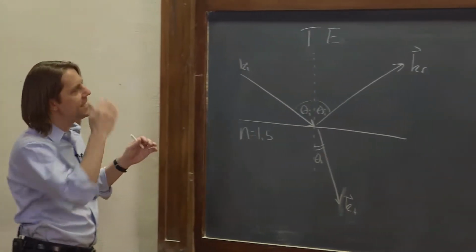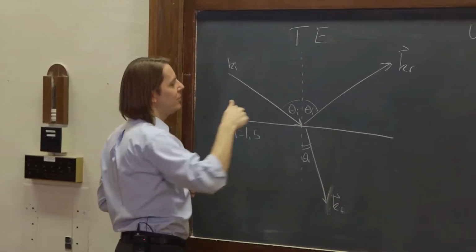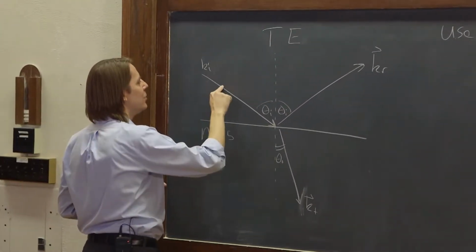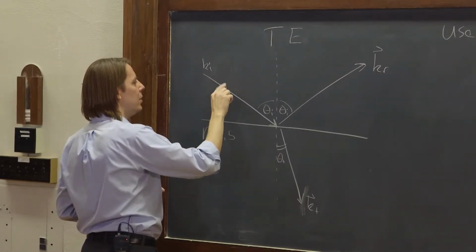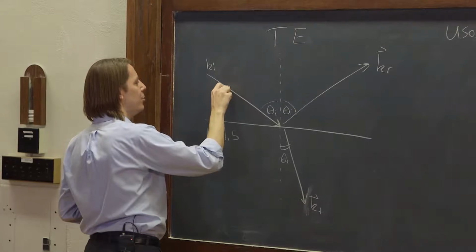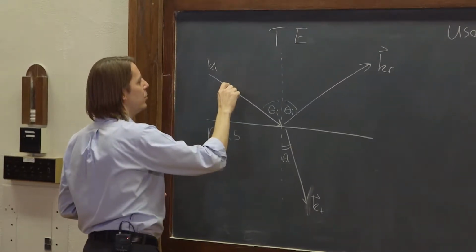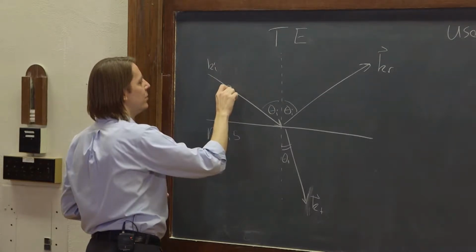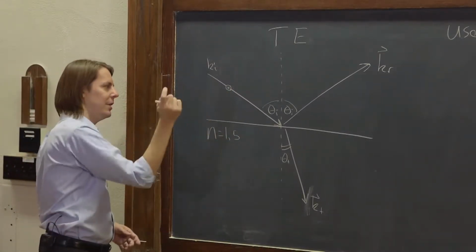So if this is TE, that means the electric field is transverse to the plane of incidence, so the electric field is like this. I'm going to draw the electric field with a single vector like that, sticking out of the board. You know that this is a plane wave, so that represents an E field that's pointing out and in, out and in.